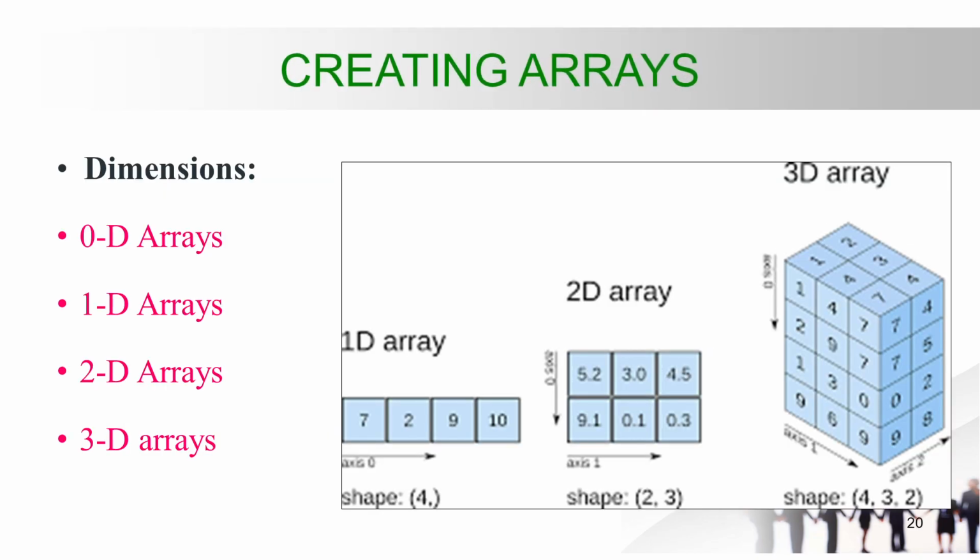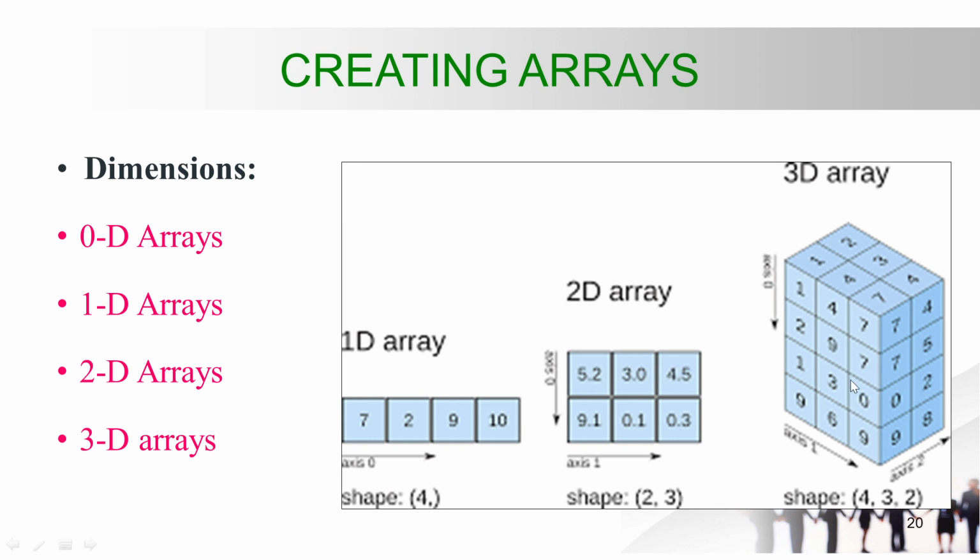Creating arrays: the array could be a 0-dimensional, 1-dimensional, 2-dimensional or 3-dimensional array. This diagram depicts that. Initially it is a 4 cross 1 matrix, so the row alone is specified. Whereas here the row is 2 and the column is 3, so it gives the shape as (2, 3).